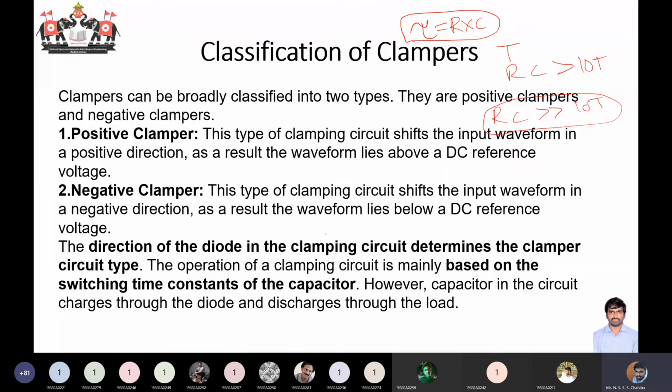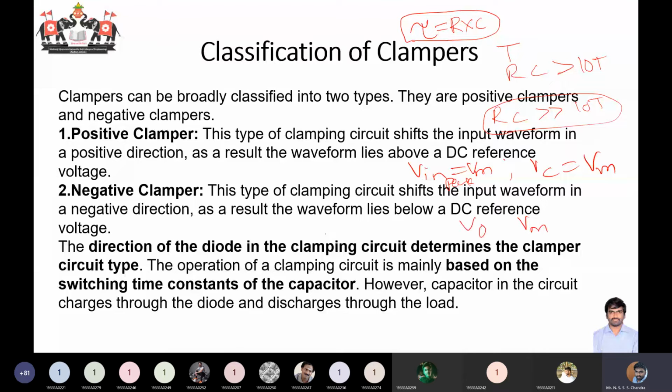Let us say that your V input has a peak voltage of Vm, and the capacitor is charged to Vm voltage. Now when these two are in series, there can be two possibilities depending upon the polarity of the capacitor.